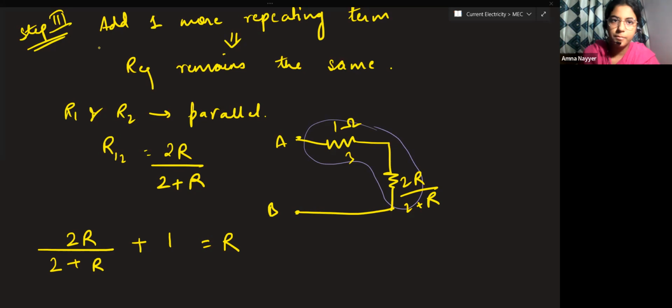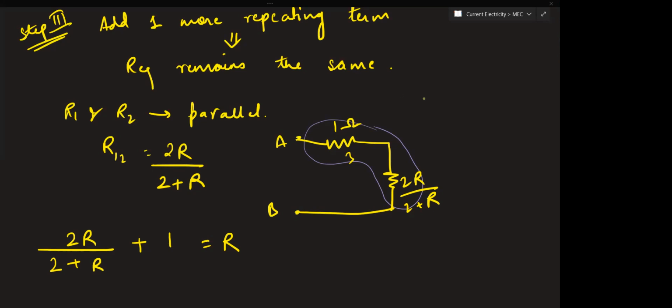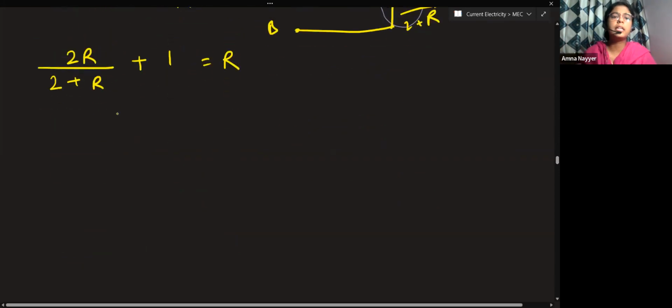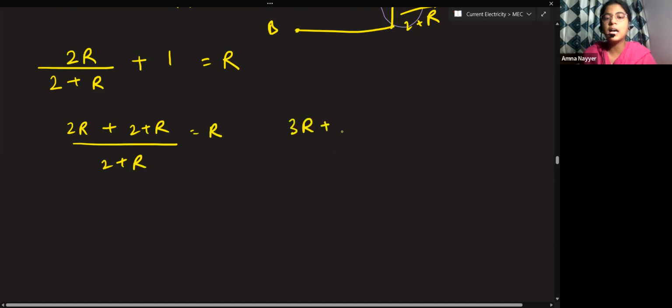Yes, teacher. So now you just have to perform mathematical calculations and solve for R. Just take the LCM: 2R plus 2 plus R divided by 2 plus R, equal to capital R. So 2R plus R becomes 3R plus 2.